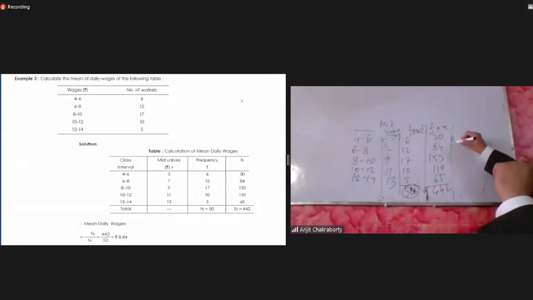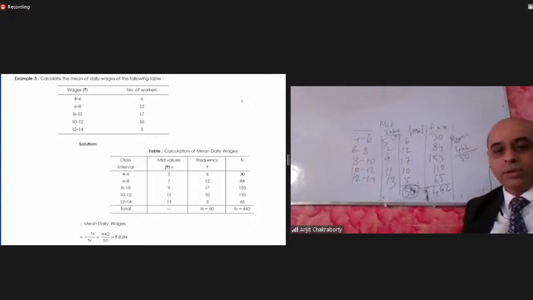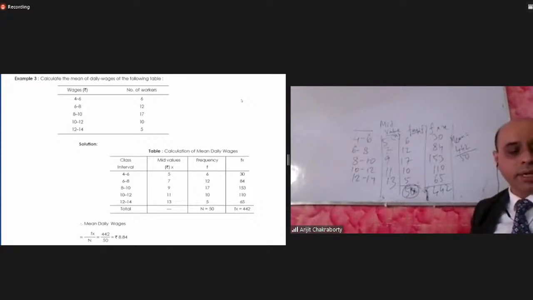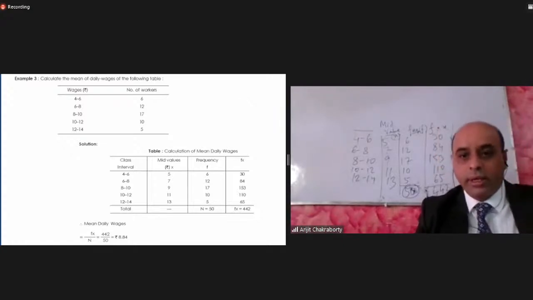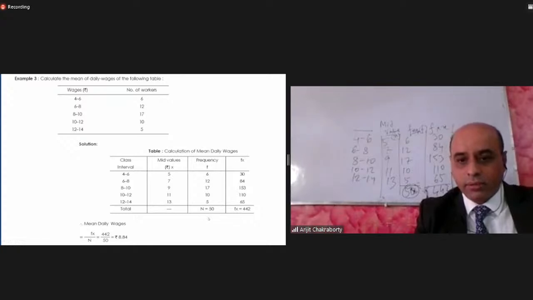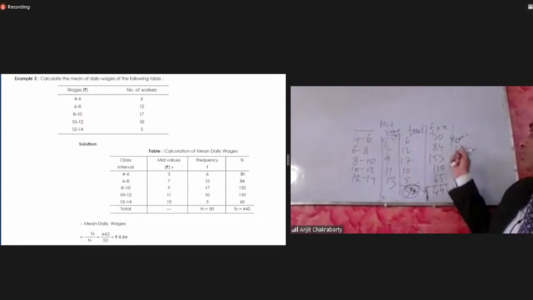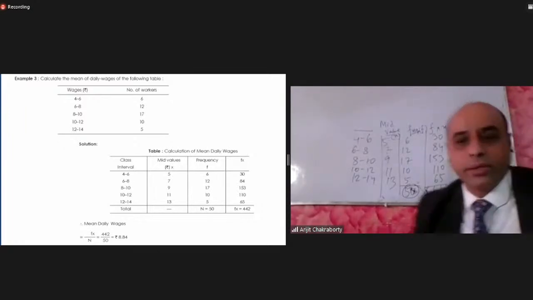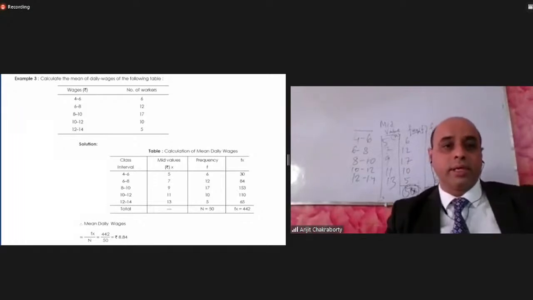The mean, the average, is equal to 442 by 50. 442 divided by 50, just work it out, and you will find that it comes to around 8.84.